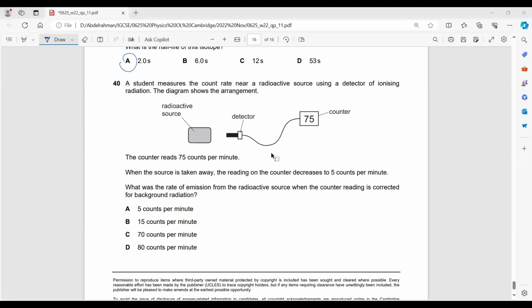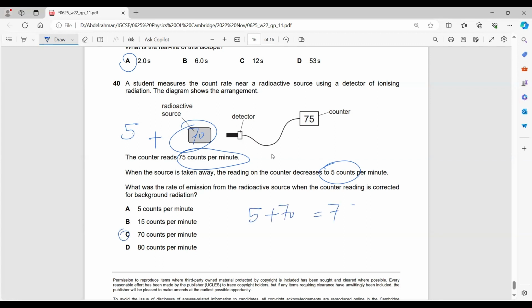Okay, how can we correct it for the background radiation? This was the background radiation. And this was the count rate of the source plus the background radiation, which was 5. So 5 plus something would give you 75. This has to be 70. So 5 plus 70 is 75. And that's it.